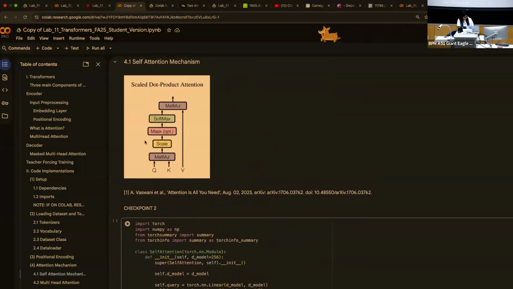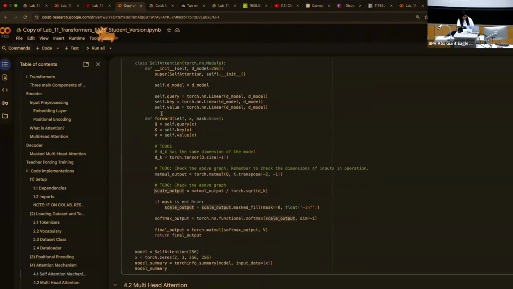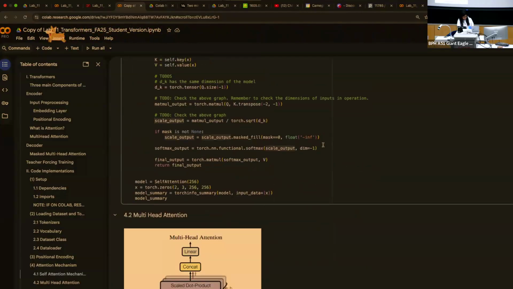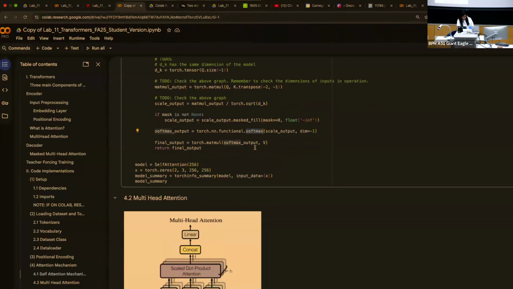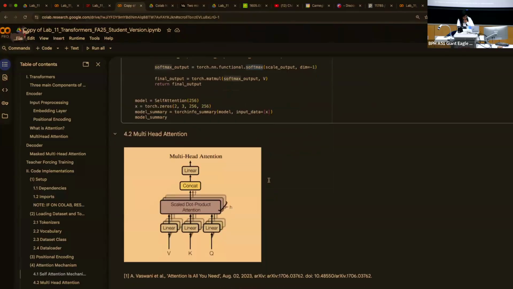So to have the self-attention mechanism, we multiply key and query. We scale it, we divide it by square root of dk, and then we apply the mask for softmax, which we have already implemented for you.